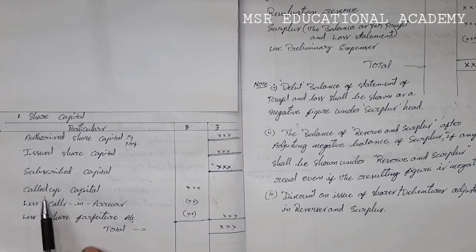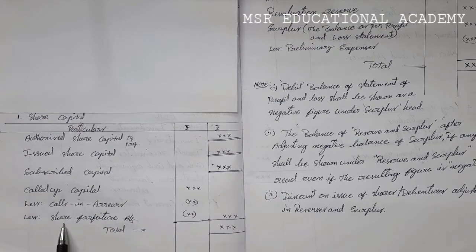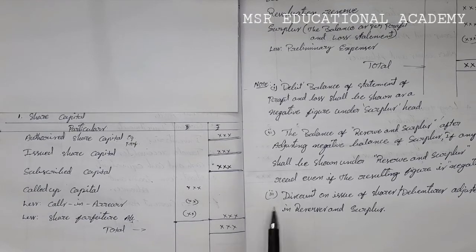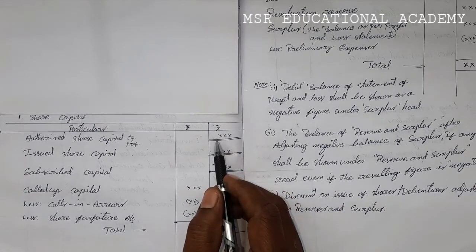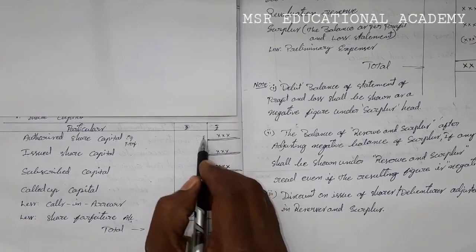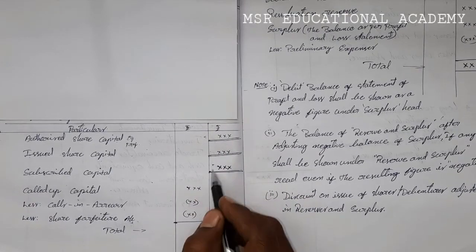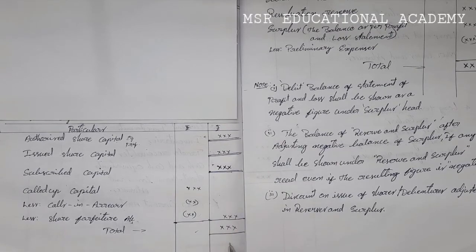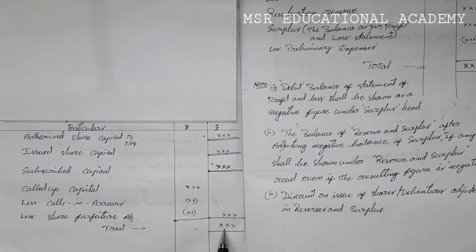From called up capital, less calls in arrears and less shares for future accounts, these two amounts we should deduct. Then you will get the sum, and that is the amount we should calculate. Authorized share capital you cannot consider in the calculation, and issued share capital also don't add to the total, and subscribed capital also don't add to the total. Whatever the called up capital is after deducting calls in arrears, that is the total amount.